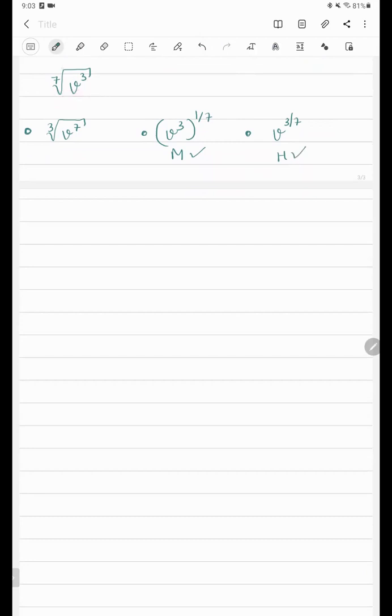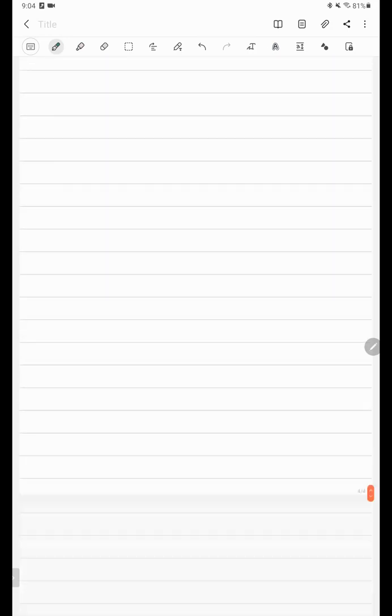The expression that we have is v to the power 3, and basically the seventh root of this. When we say it is the seventh root of this, that means you just put v to the power 3, and you put 1 by 7 in the exponent, right?